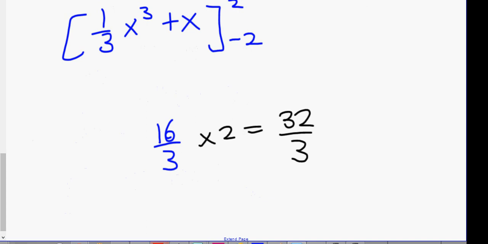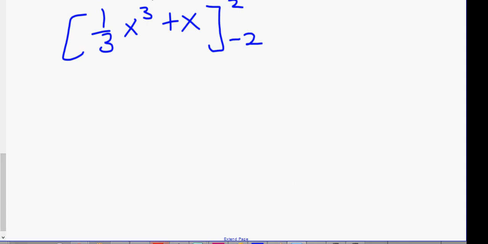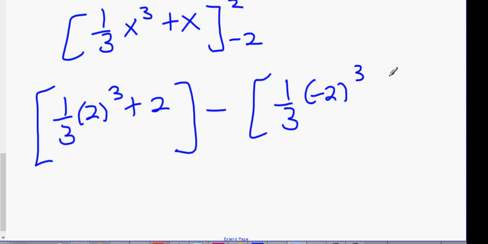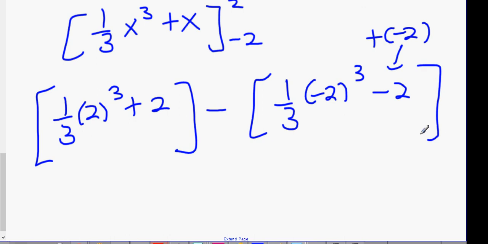So what we're going to get is a third to the power 3 plus 2, take away a third minus 2 to the power 3, and then it's going to be minus 2 because plus minus 2 is minus 2. So once you get that on the calculator, please let me know what the answer is.